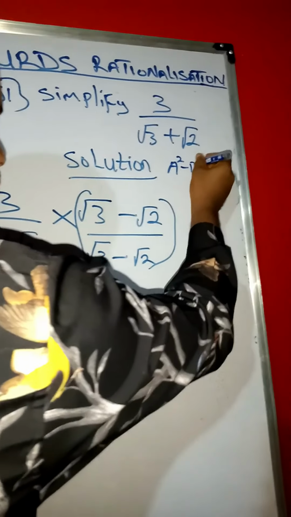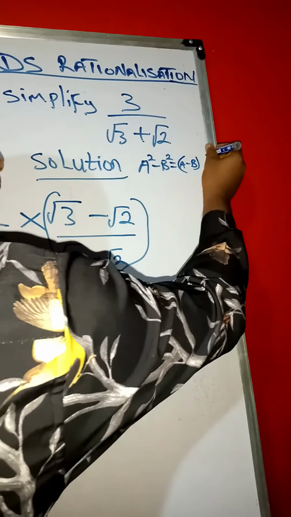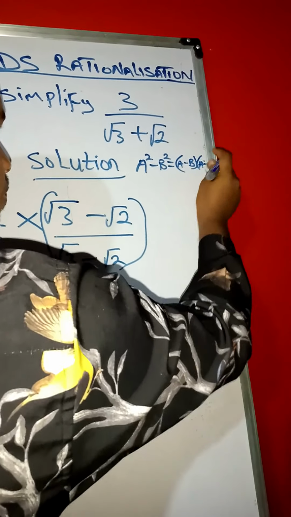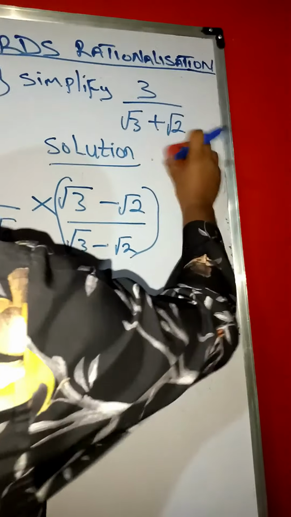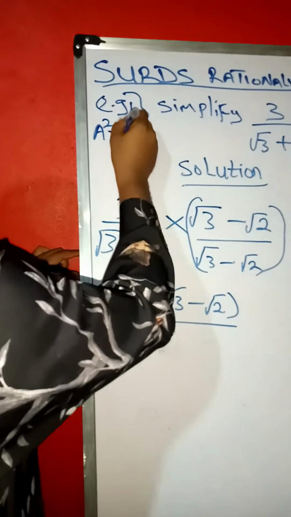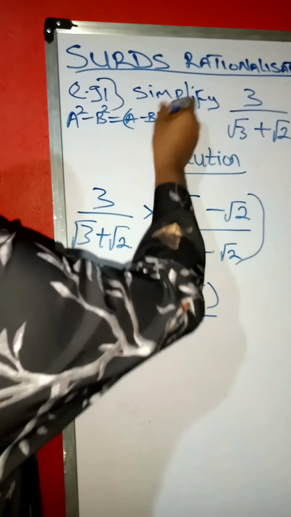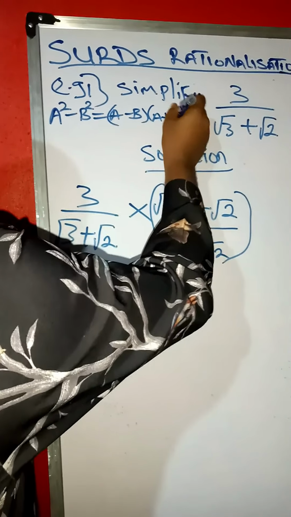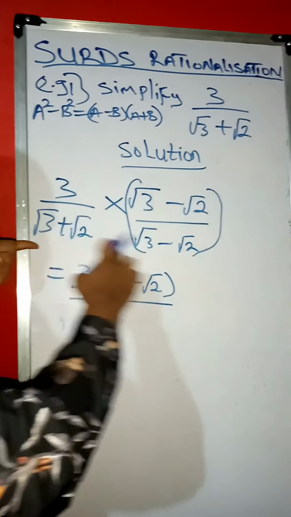A squared minus b squared is equal to a minus b into a plus b. Let me write it out properly so you see very well. I'll write it here. A squared minus b squared is equal to a minus b into a plus b. Just remember this, your difference of 2 squares. So it's the same thing here.